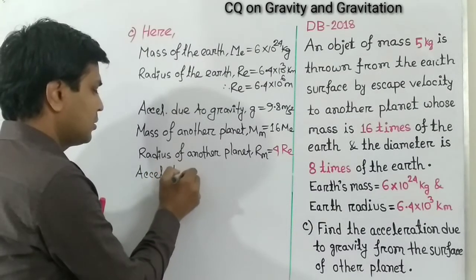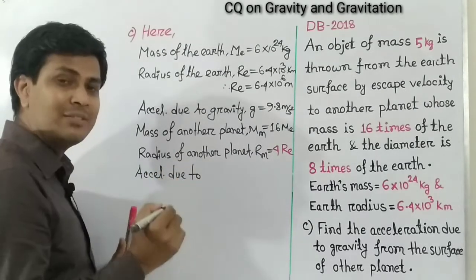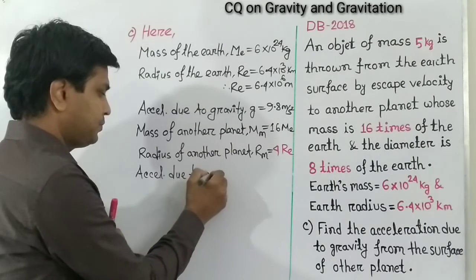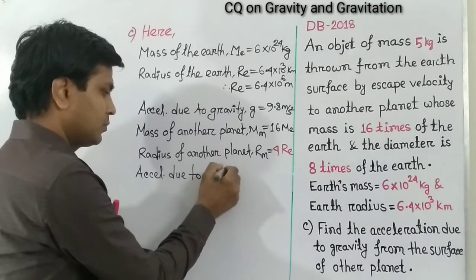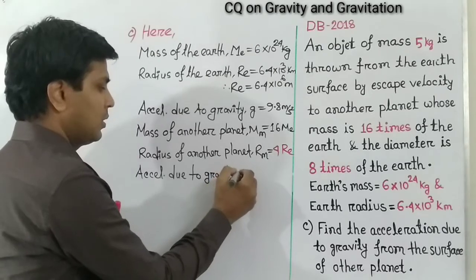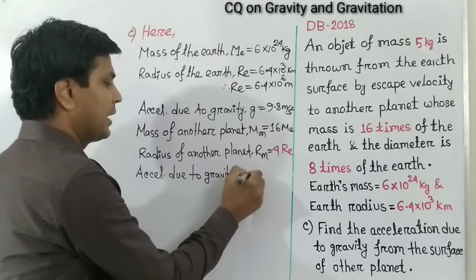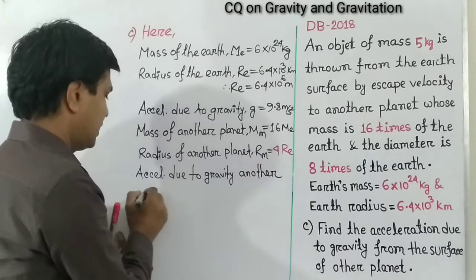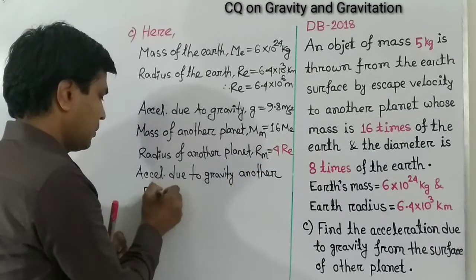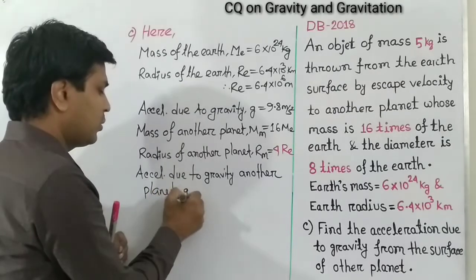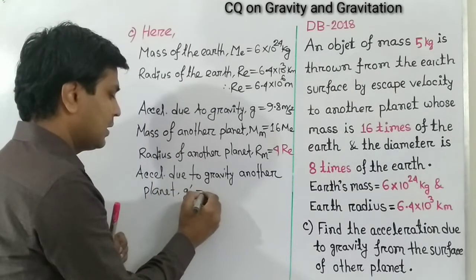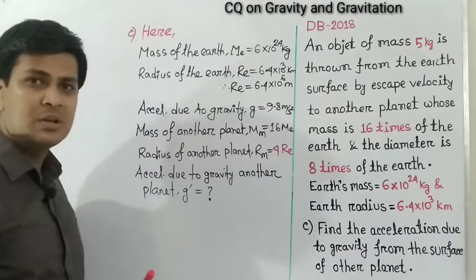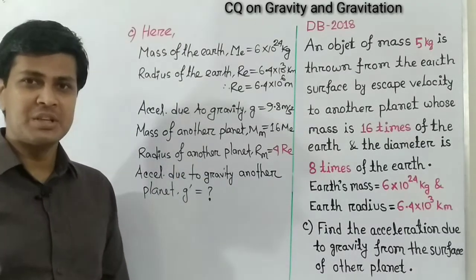And we have to calculate the acceleration due to gravity of the other planet, which is G prime equals what? So there is a given quantity.